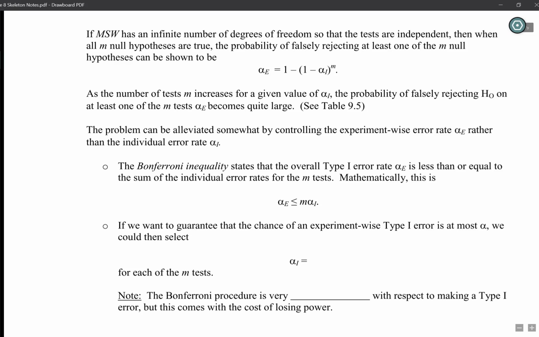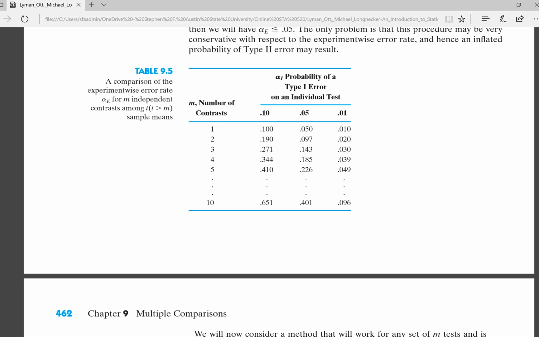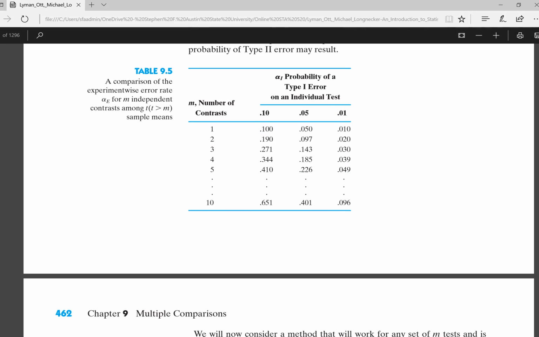Your book studies alpha E for a fixed alpha I as the number of tests increases. Table 9.5 has that. Notice alpha I is either 0.1 or 0.05 or 0.01, and the values in the body of the chart are the alpha E, the experiment-wise error rate as the number of contrasts increases.